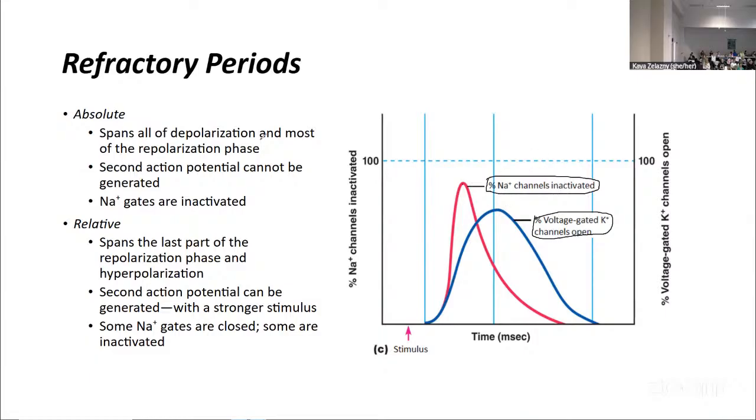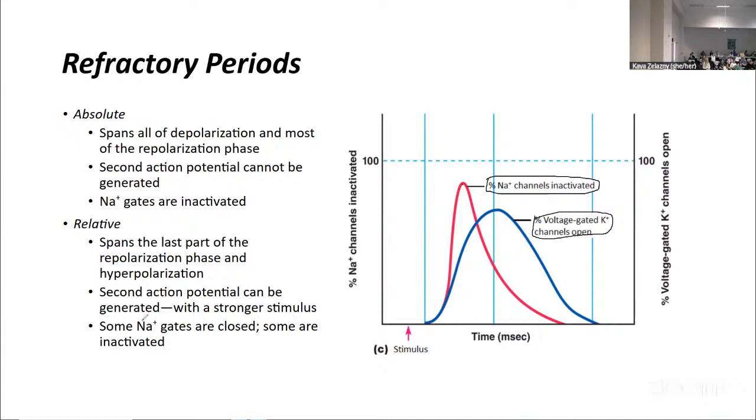Anyway, the absolute refractory period is spanning all of our depolarization phase as well as the repolarization phase, because we have these sodium gates first opening in the first place and then they're inactivated. The relative refractory period is because we have these voltage gated potassium channels still open.